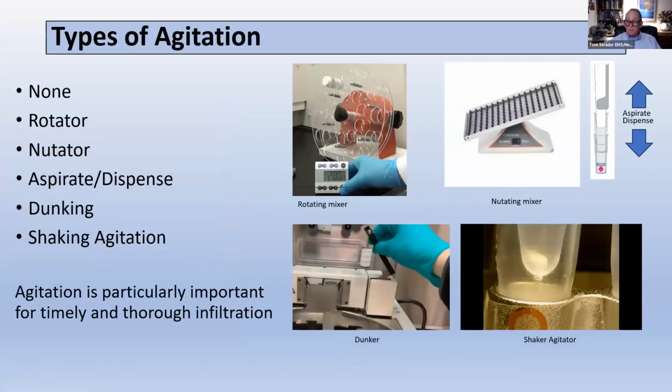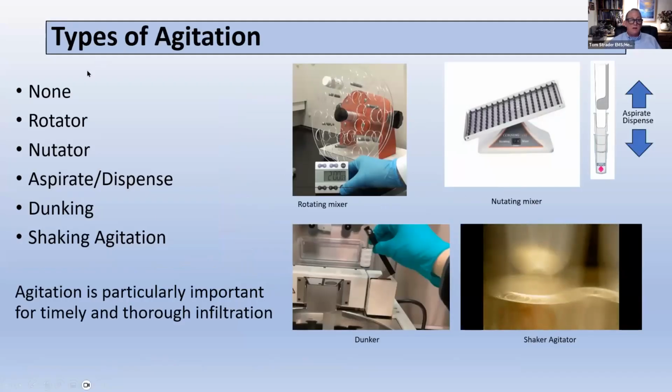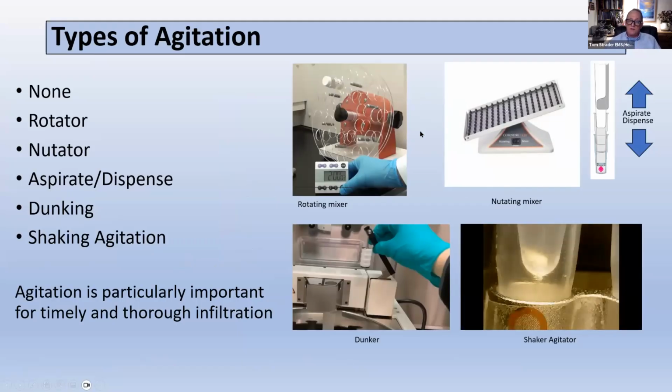Types of agitation. Agitation is highly recommended. Some people do none. The standard rotator, if you're doing scintillation vials, is quite common. The nutating mixer is the plate that tilts and goes back and forth. You can put scintillation vials, or a lot of people use Falcon tubes. If you're using the MPrep system, the MPrep capsule, you're doing aspirate and dispense mixing.